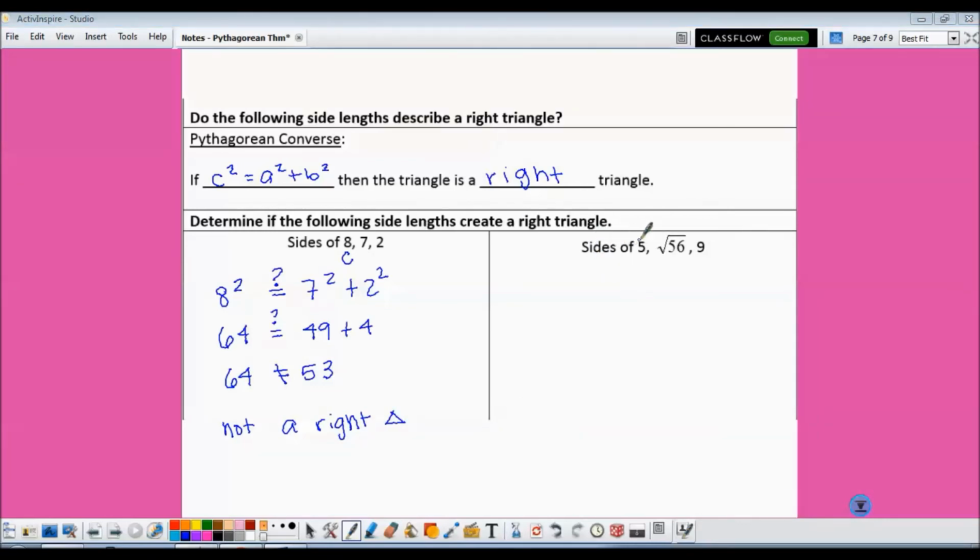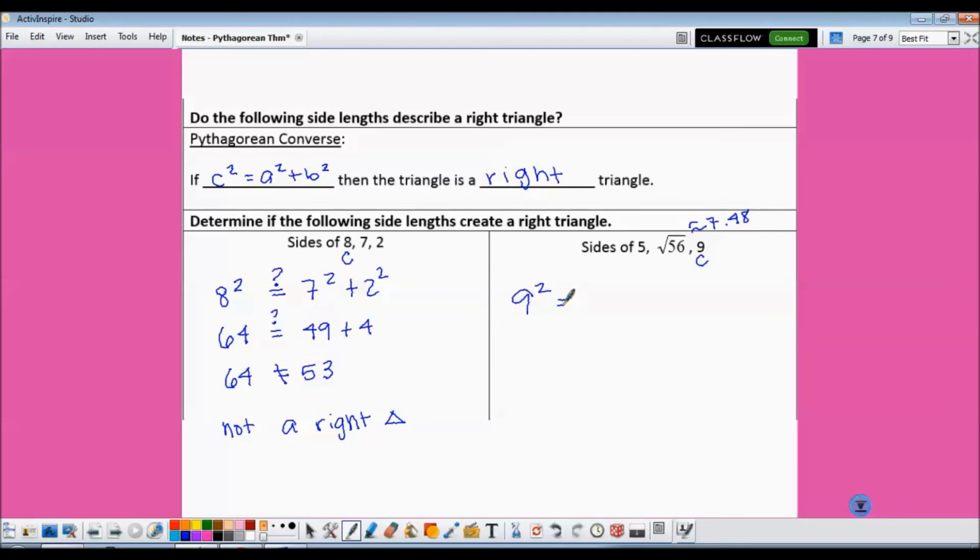What if we have the sides of 5, the square root of 56, and 9? The first thing we need to do is figure out which one of these is the largest. If you type in the square root of 56 in your calculator, you get that that's approximately 7.48. So our C would be 9.